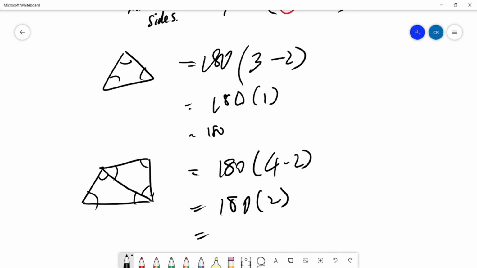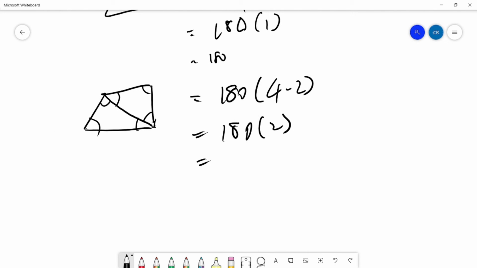Let's use our calculators. Welcome to the most prepared math show. 180 times 2, that is 360. So all of this added up, this and this add up to 360.